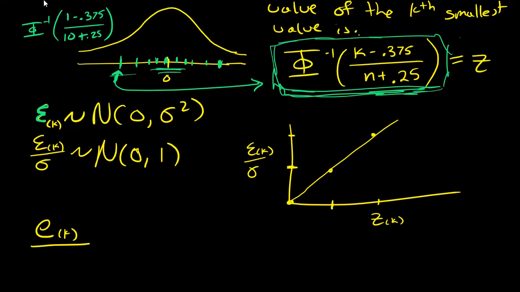Remember, sigma is the model standard deviation. But we have an estimate of sigma, and that estimate is s squared. So if I standardize, it's just divided by s. So I'm replacing epsilon with the residuals, and I'm replacing sigma with s.